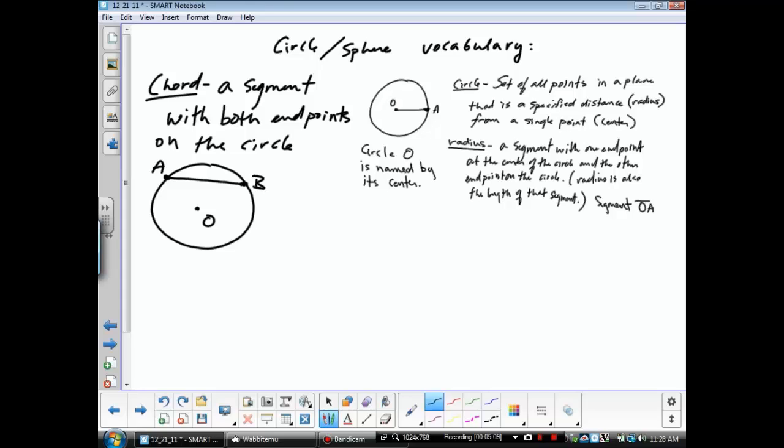Since a segment that has both its endpoints on the circle has to be inside the circle, a chord is inside the circle.